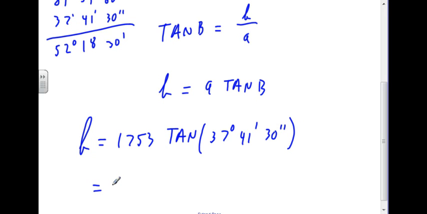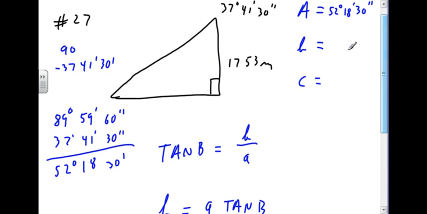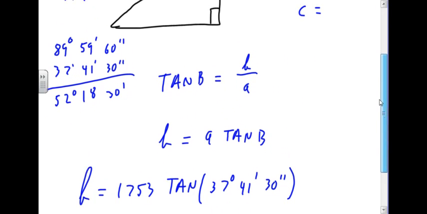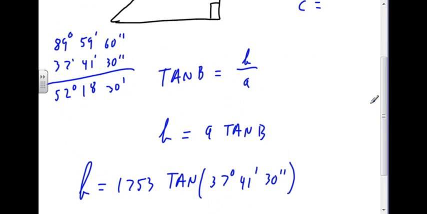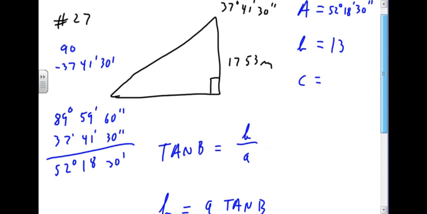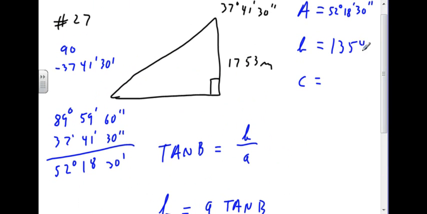So I'm putting in my calculator tangent 37 degrees, 41 minutes, 30 seconds, hitting the return button, and I get that little b is 1354.46, and I'm supposed to keep it to 3 significant digits. So 1, 3, 5, 4, and we're in meters.